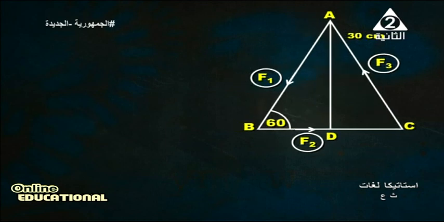We have ABC, an equilateral triangle. We have three forces acting in cyclic order. F1 acts at AB, F2 acts at BC, F3 acts at CA.